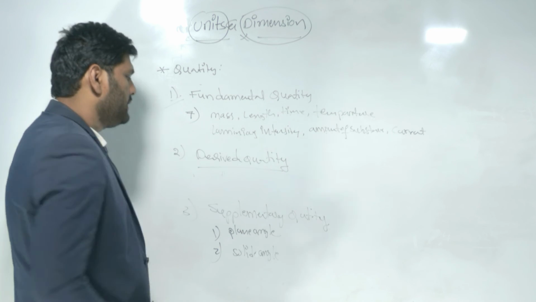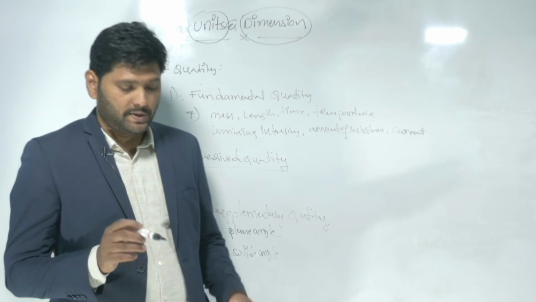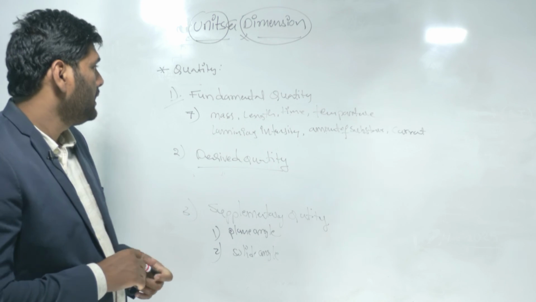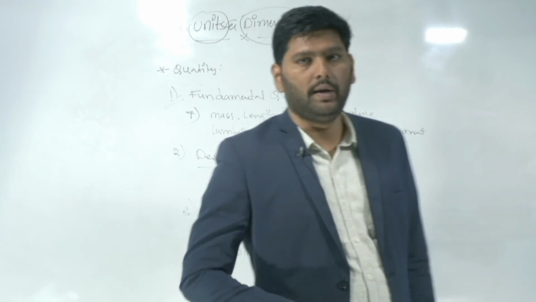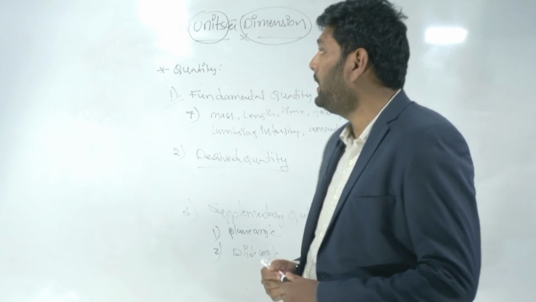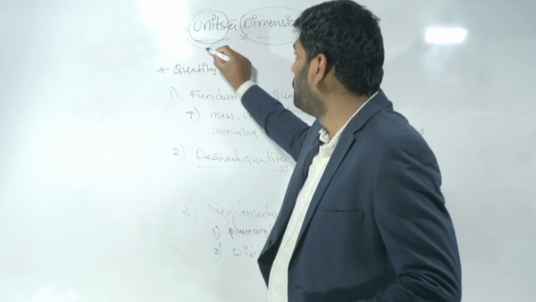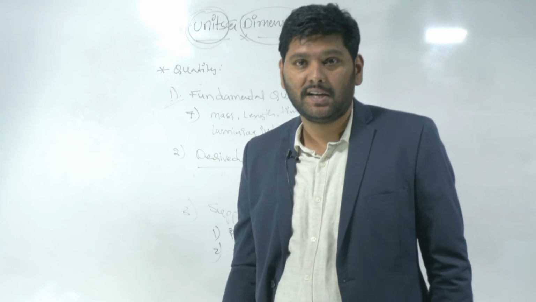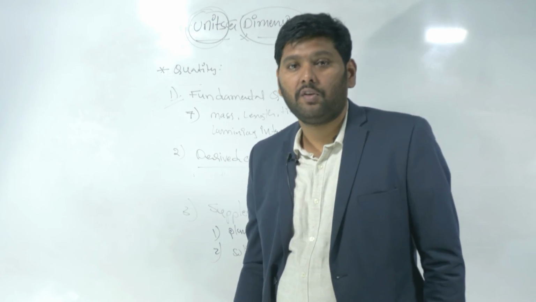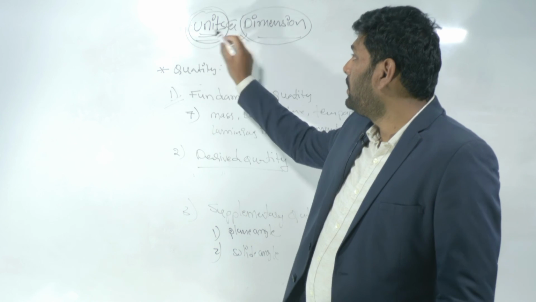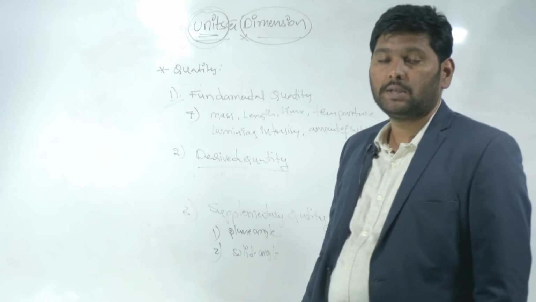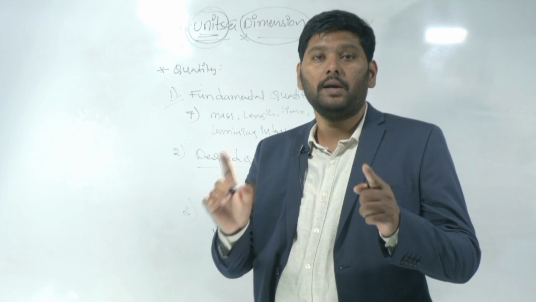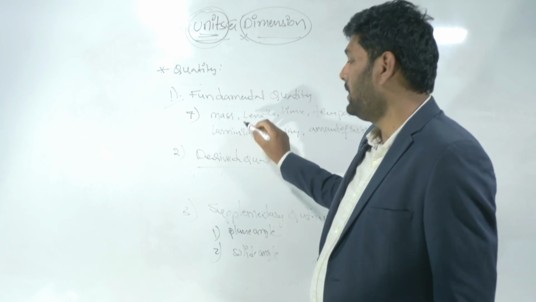So this is the way we have many types of physical quantities. But to measure these physical quantities, what do we require? Units. Understand? With the help of units, we measure these physical quantities.